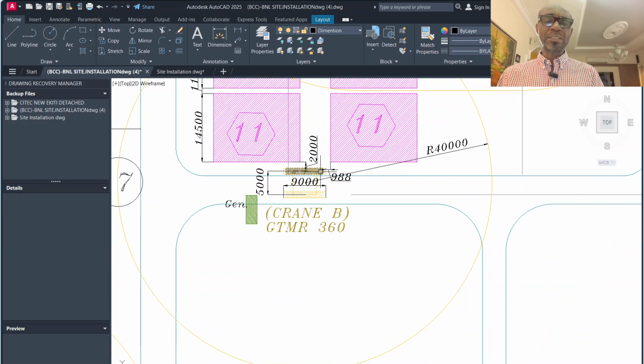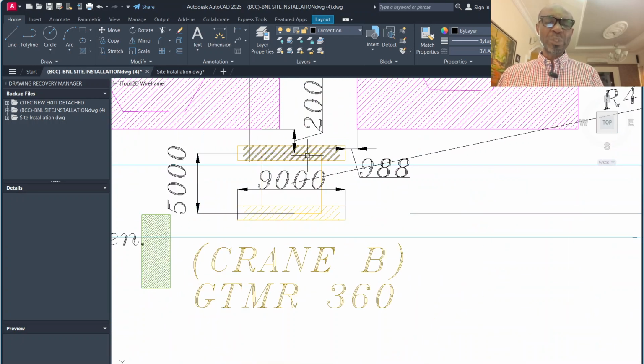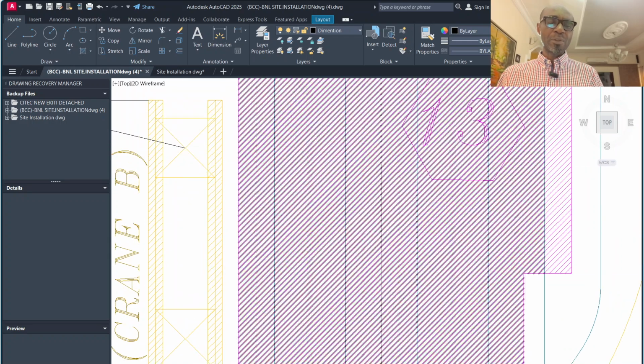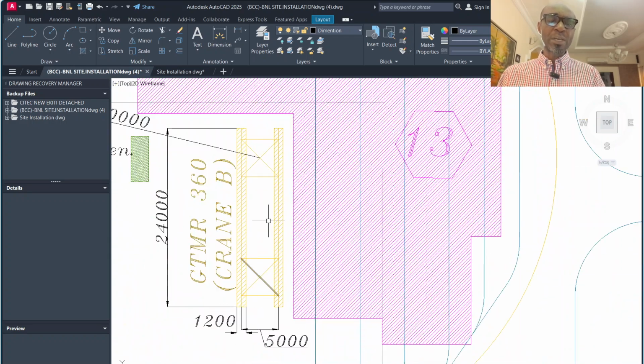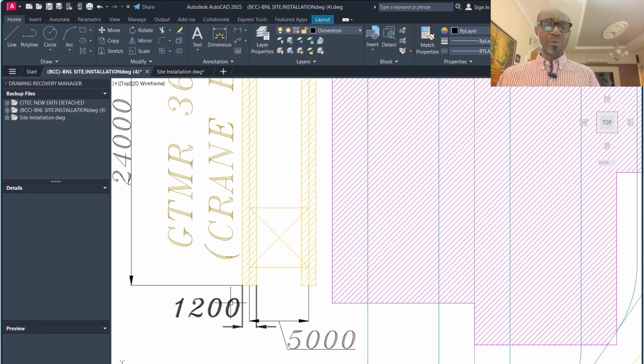But in this case, the crane is going to be stationed in one place. But in this case, the crane is going to be traveling. It's going to be moving from this end to this end. The length of the track is 24 meters. So automatically, you know that you're going to cast slightly above 24 meters for the beam that is going to rest on it. Then, of course, it is already indicated that the width of the beam is 1.2.